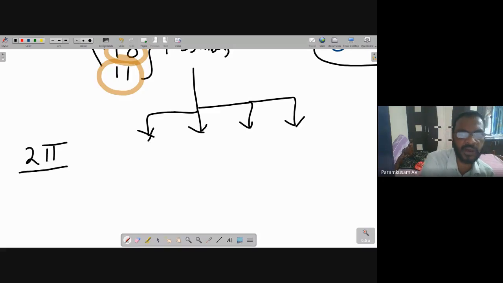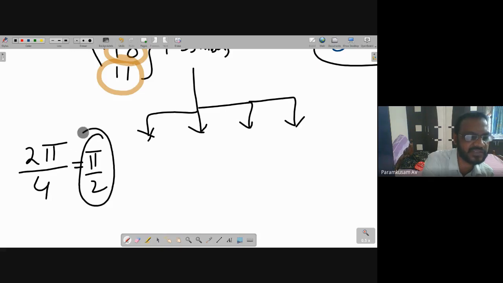Then how many combinations are there? 4 combinations. 2 pi by 4 is equal to pi by 2. So the phase difference between any 2 successive sinusoids is pi by 2.